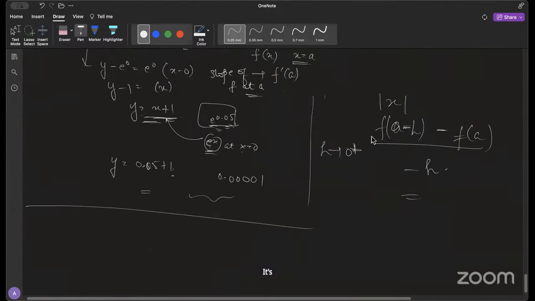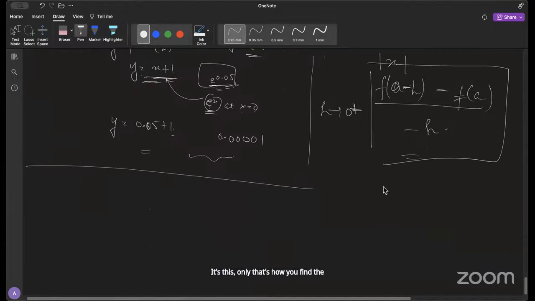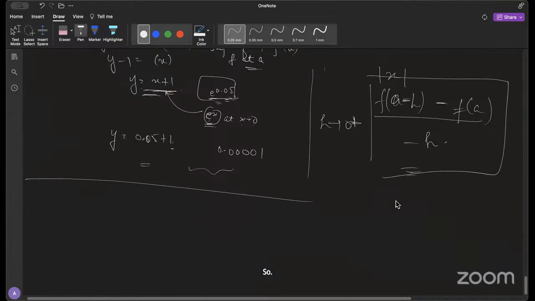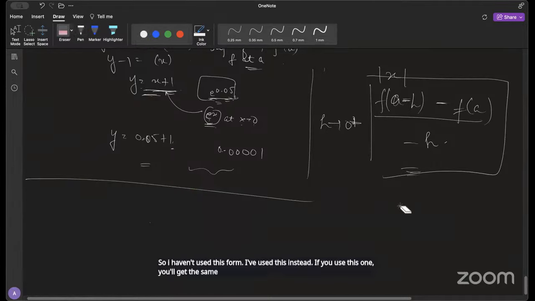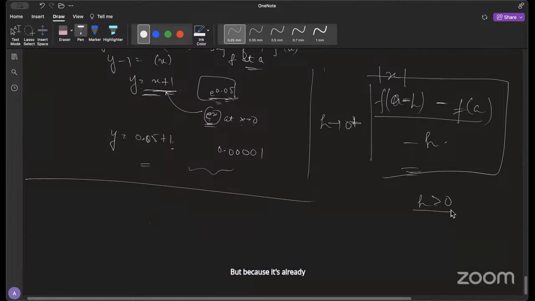It's this only. That's how you find the left-hand derivative. Now, I haven't used this form. I've used this instead. If you use this one, you'll get the same answer. But because it's already explicitly mentioned that you have to take h greater than 0, that means in this one, h tends to 0 plus, from the right side, right?